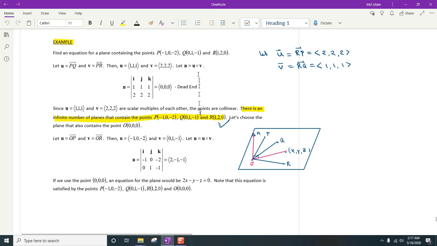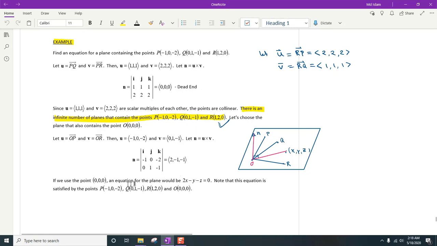What we can do is choose the plane that also contains (0, 0, 0). If we consider O as (0, 0, 0), suppose OP is U and OR is V, then U would be this one and V would be that one, and N would be (2, negative 1, negative 1) if you follow the same procedure.